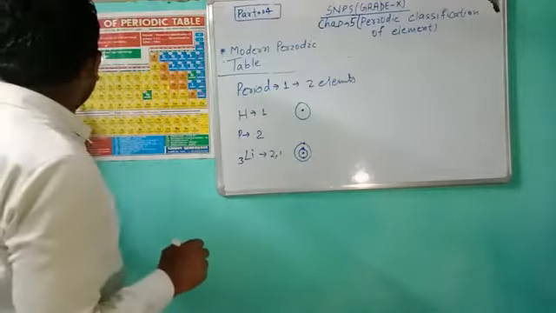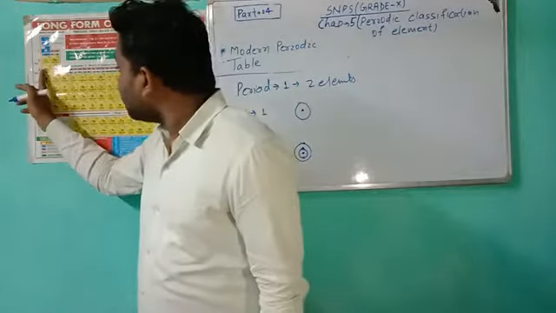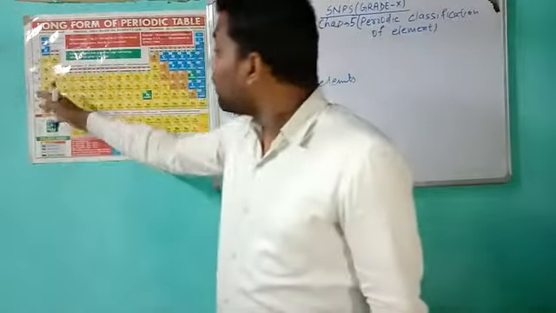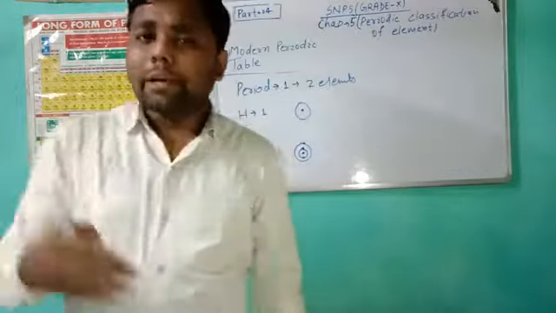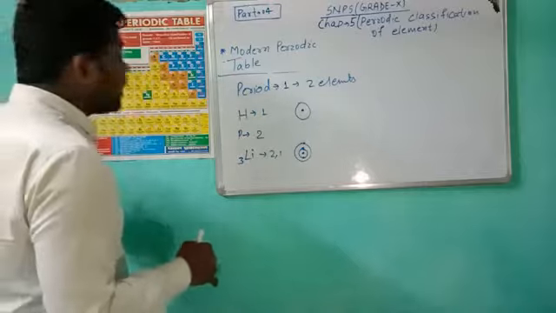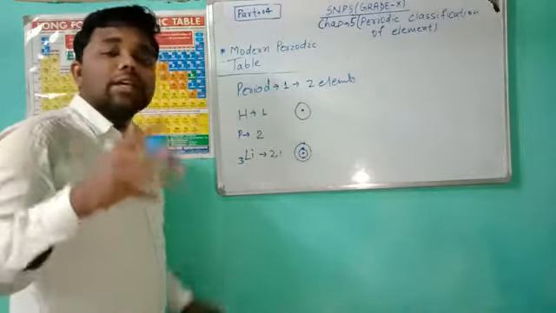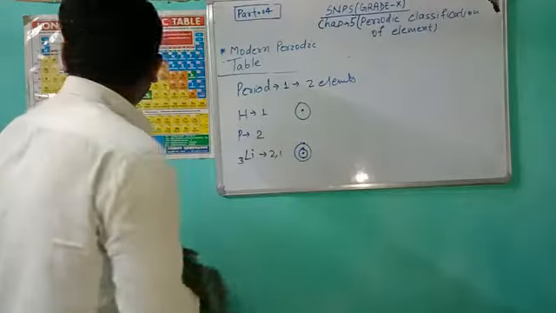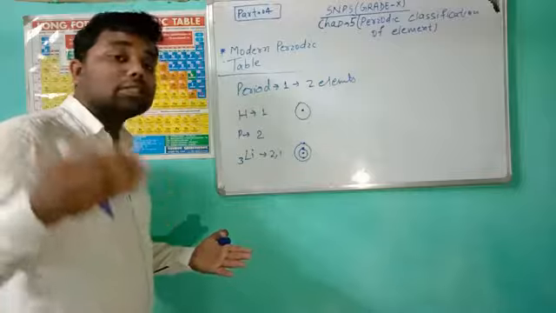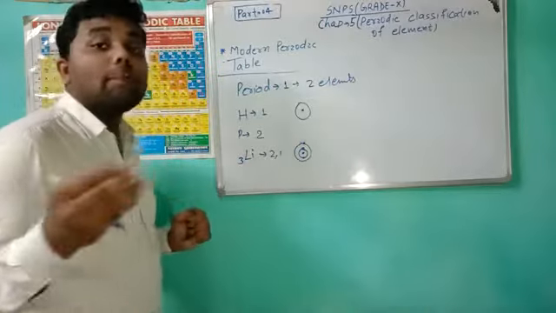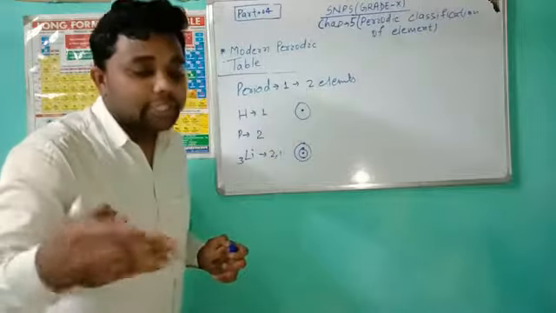If we take an example of the third period, that is sodium, and potassium, which is present in the fourth period, then sodium has 3 orbits, and potassium has 4 orbits, because it is present in the fourth period.